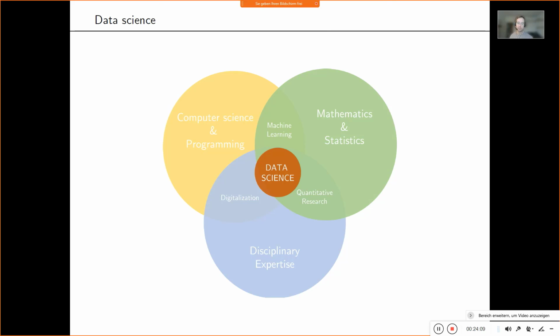Of course, it builds strongly, and this is really where I see data science coming from, on statistics. So from the 19th to the 20th century, statistics always has been around, and probability theory has been around, and the idea was always to apply the ideas of probability theory to real world problems. So in a way, that's statistics.